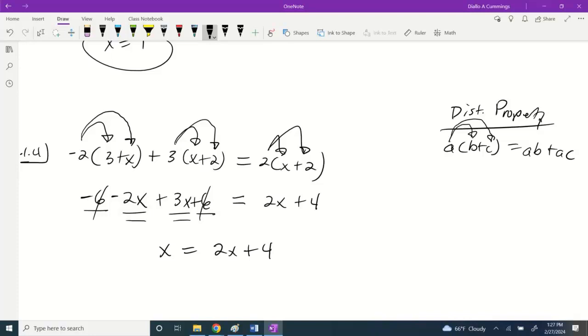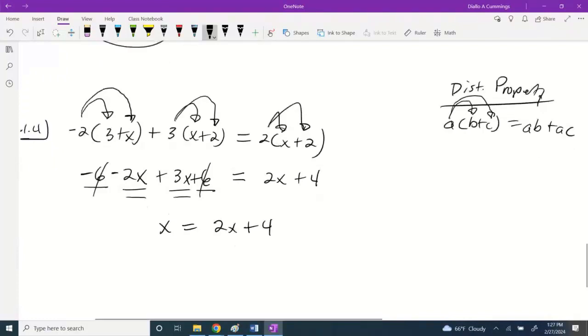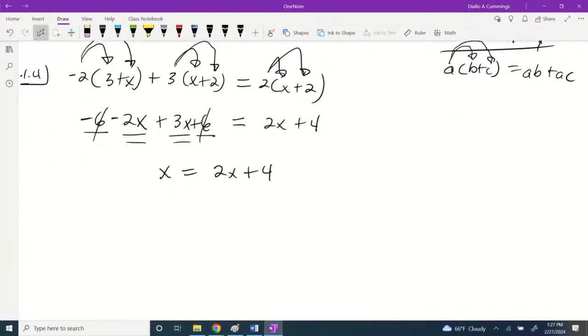Now notice I have x's on both sides of my equation. Normally we put the x on the left-hand side, but technically it doesn't matter which side of the equation your variable is on. It can either be on the left-hand side or the right-hand side. You normally want to put your variable on the side in which it's positive.